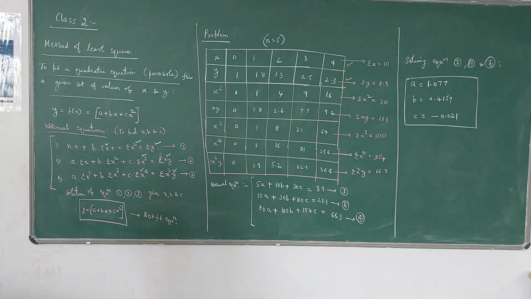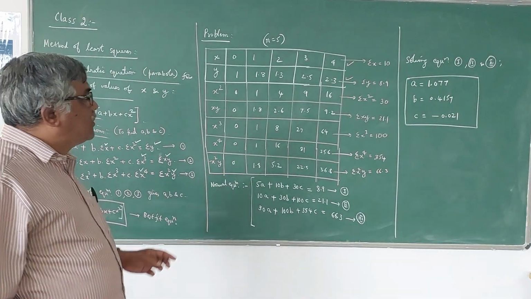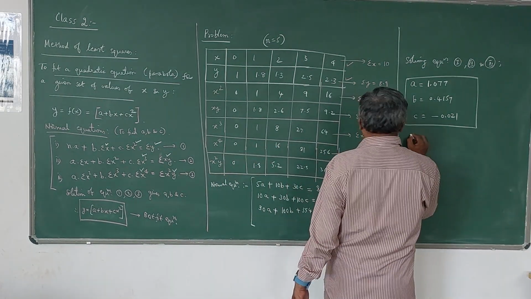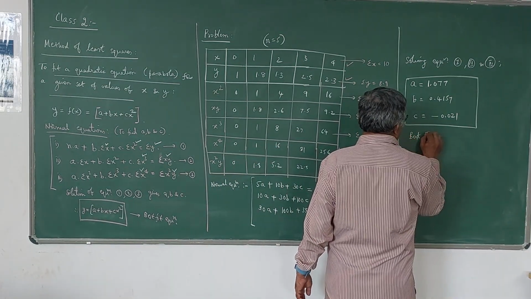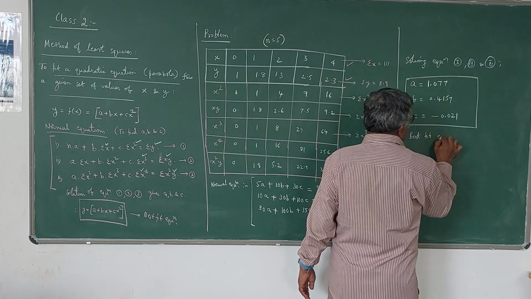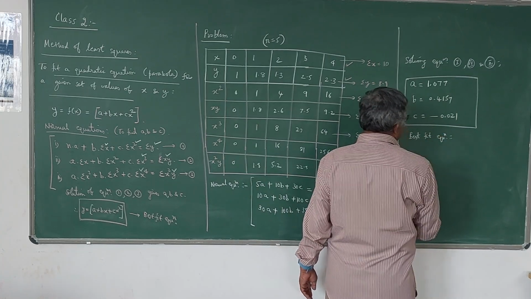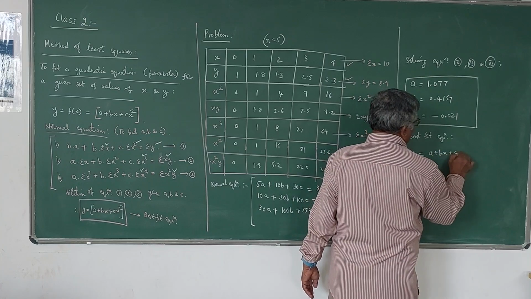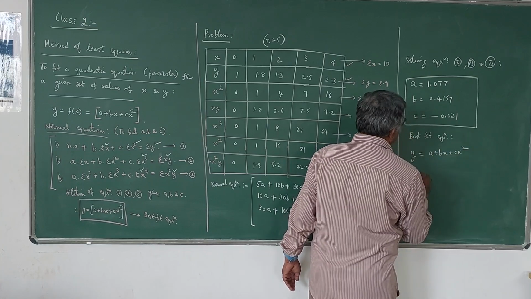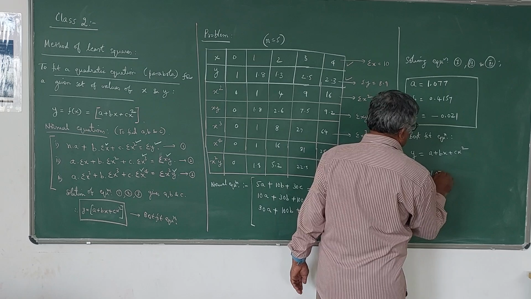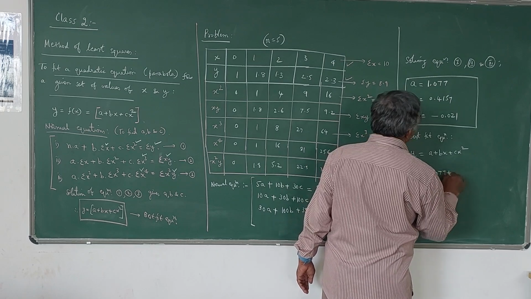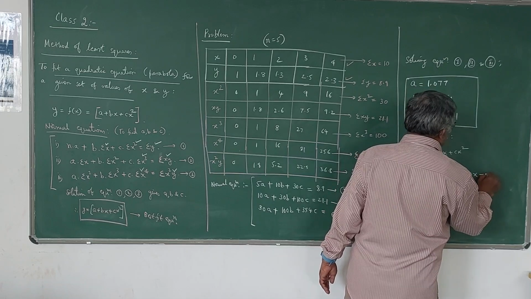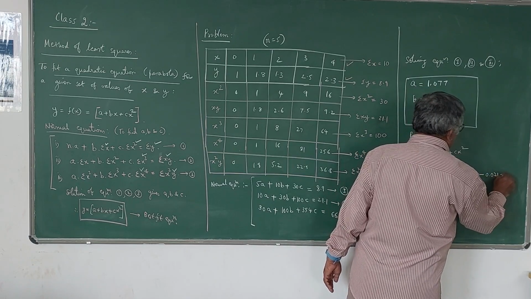Once you get these, you can write the best fit equation by the method of least squares, which represents a parabola: y is equal to A plus Bx plus Cx square. That is, y is equal to 1.077 plus 0.4157x minus 0.021x square.